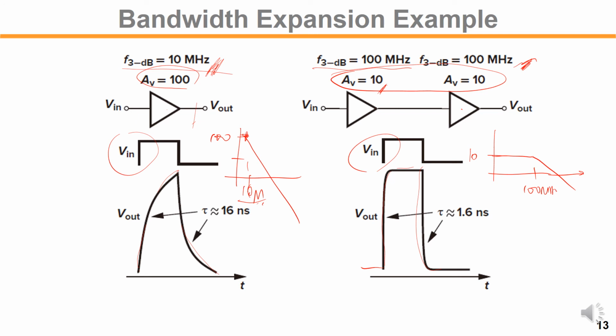But if you start with a high bandwidth amplifier like this and then cascade as many as you want, then you can get a very fast amplifier, right? This is the benefit of having bandwidth extension out of the negative feedback.